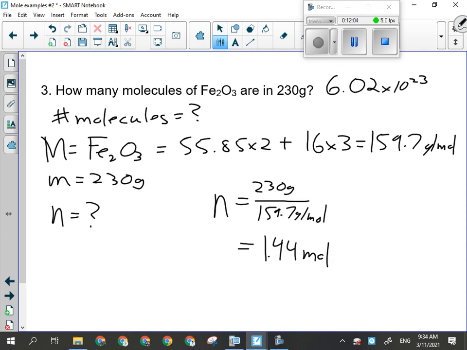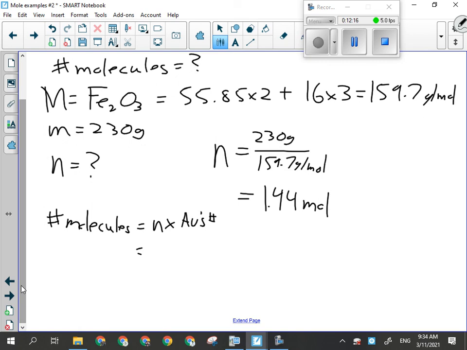Now that I've got that, I can find the number of molecules by taking the number of moles and multiplying by Avogadro's number. We said that's what we do before. So that's going to look like this, 1.44 times 6.02 times 10 to the 23. Now make sure that you're not rounding off.